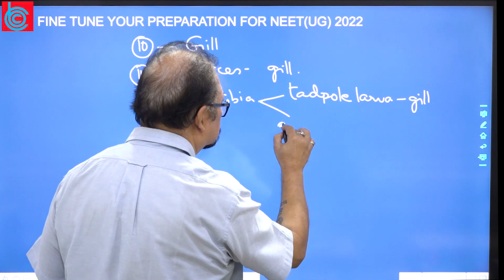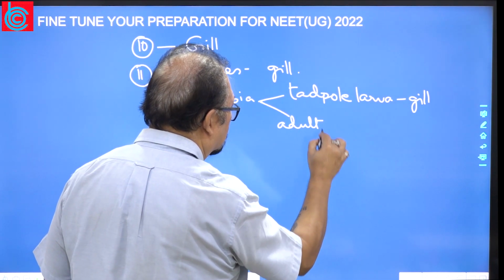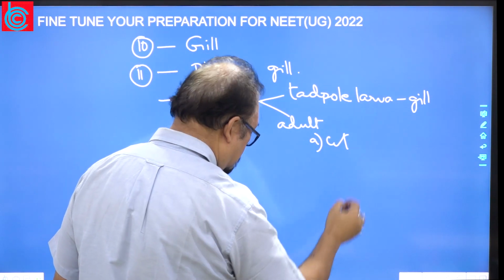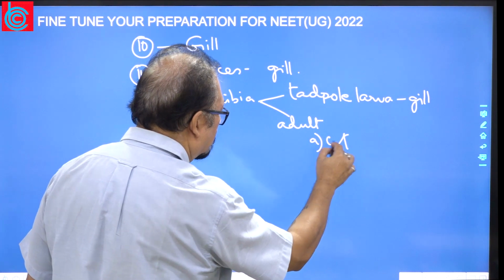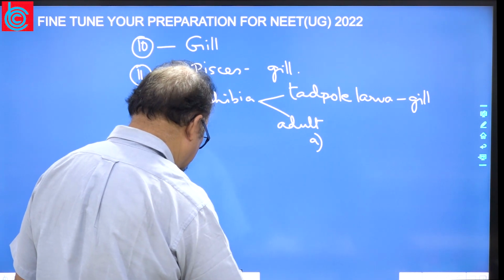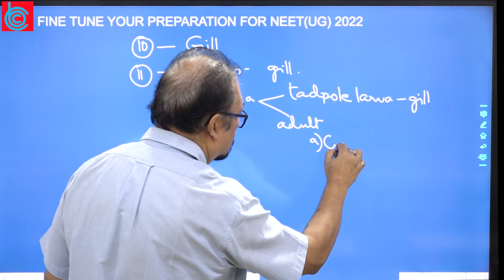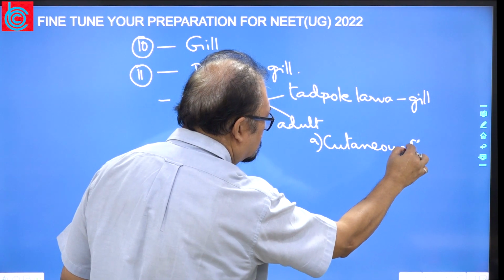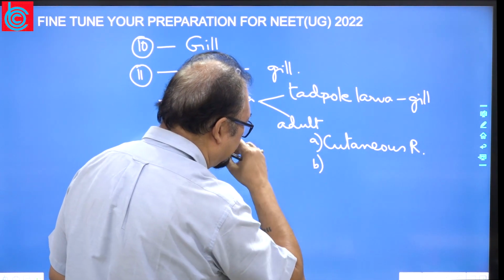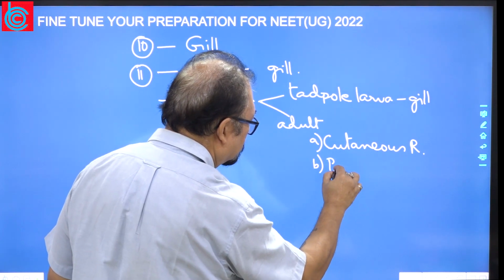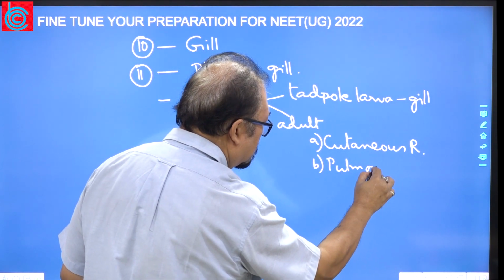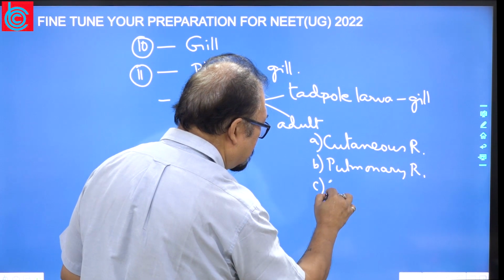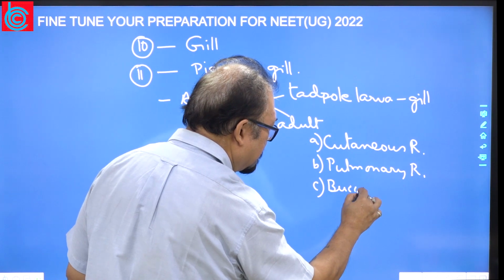Adult: cutaneous respiration, pulmonary respiration, and by buccopharyngeal epithelia.